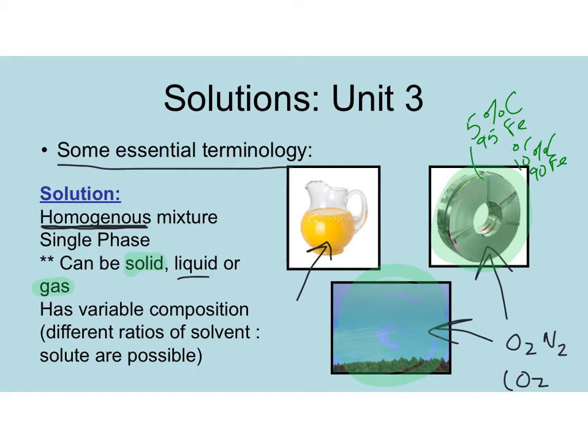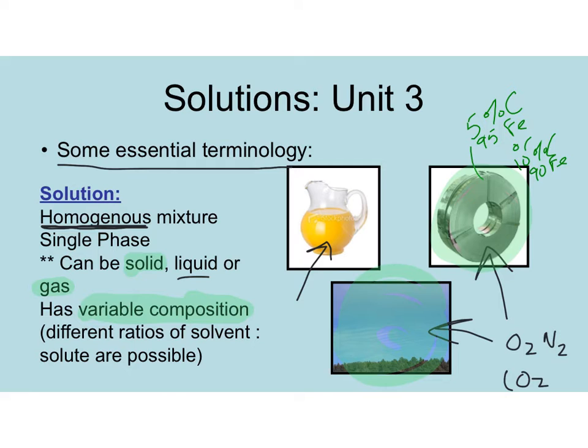Now, the other thing about solutions is what we call a variable composition. This is a fancy term for saying that when we look at, say, orange juice, we can have a really concentrated form of orange juice, or a really dilute form. It's still a solution.